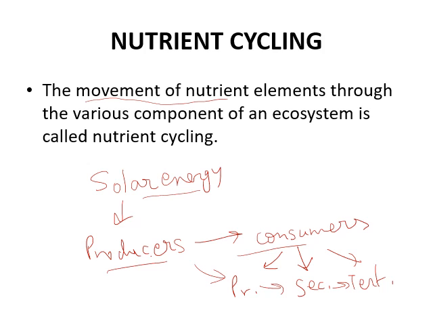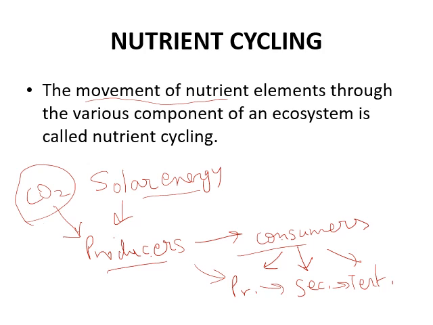And this is about solar energy. What about gases like CO2? CO2 is fixed by producers, and that forms biomass. And then this carbon goes to consumers, and CO2 is present in the atmosphere.